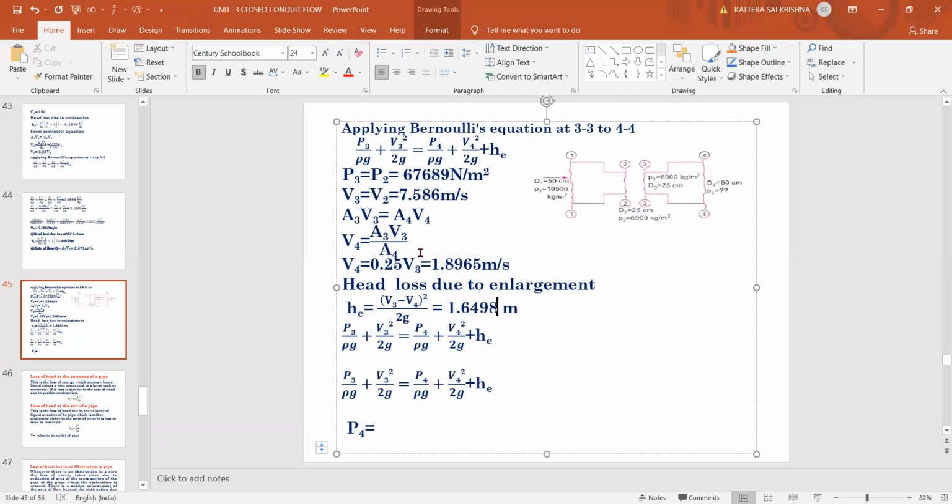So after finding HE, now again you can substitute all the values in Bernoulli's equation to find the unknown term, which is P4. So P3 by rho g, V3 square by 2g. Substitute all the values here. What is P3? Already we know, 67689 by 1000.